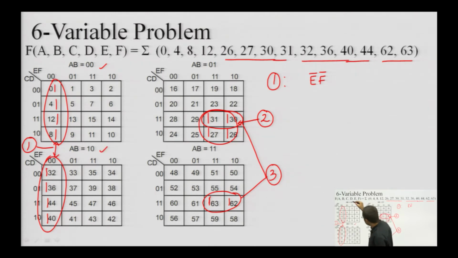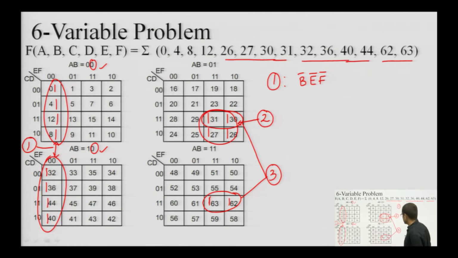Then again we can see that this 0 is common here, this 0 corresponds to B bar. So, that is why we are writing here B bar, and that A plus A bar will be eliminated. So, this is the answer from this first group.